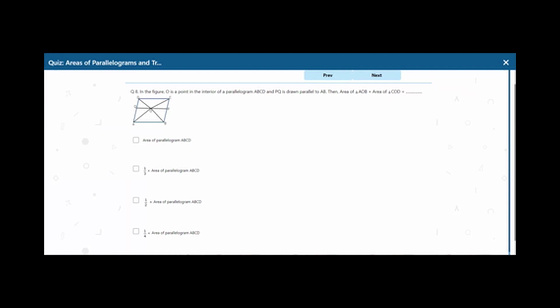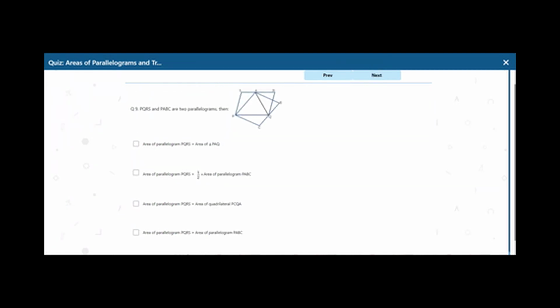O is a point in the interior of parallelogram ABCD. PQ is drawn parallel to AB. Area of AOB plus area of COD equal to? Half of the area of parallelogram ABCD, third option. That's correct.